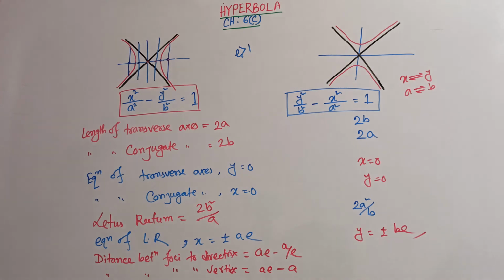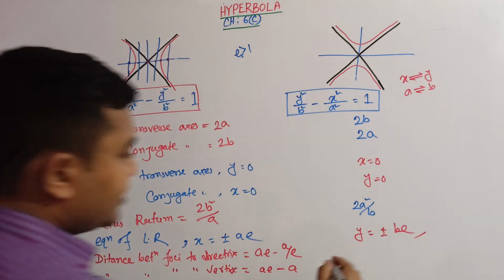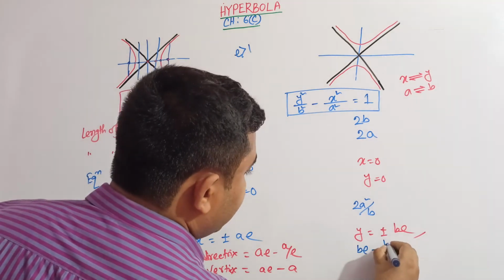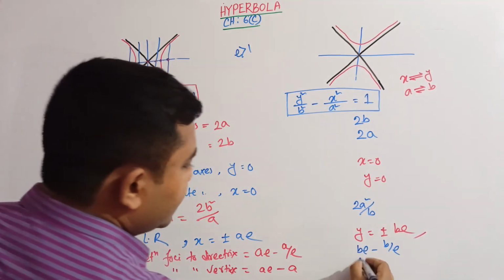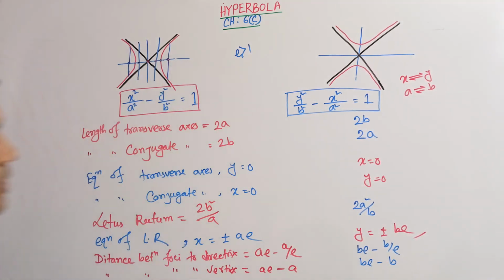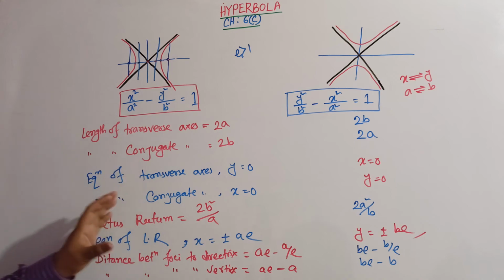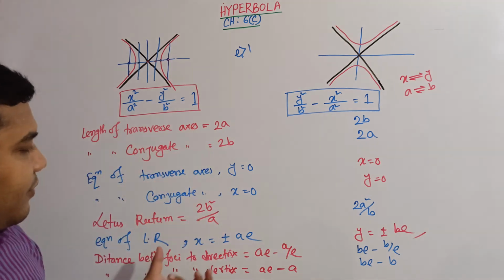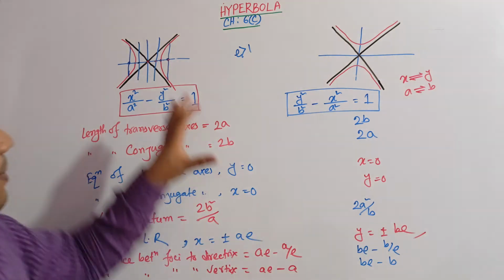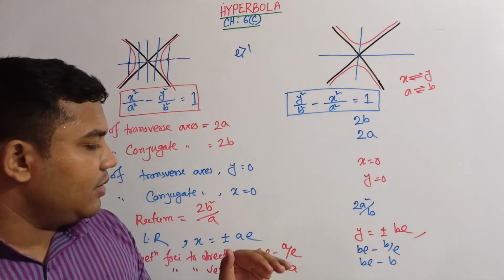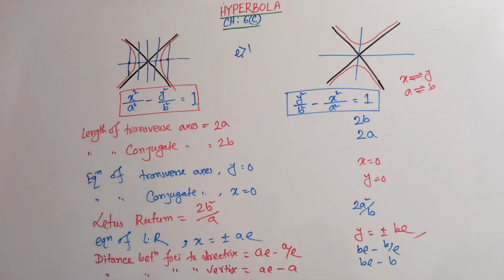And here the distance between foci and directrix should be be minus b by e, and this should be be minus b. So we have finally the answer. Okay, my dear students, we can understand the formulas. Then we'll go for some applications of these formulas.